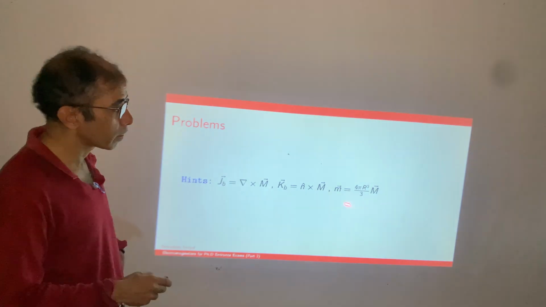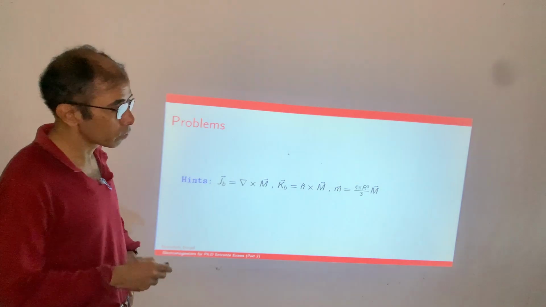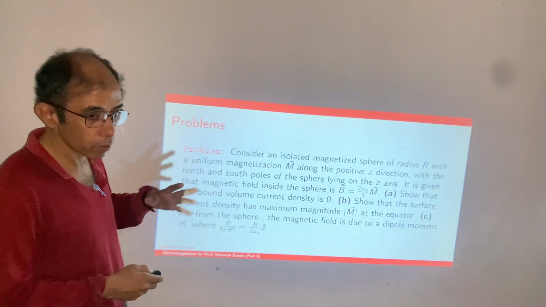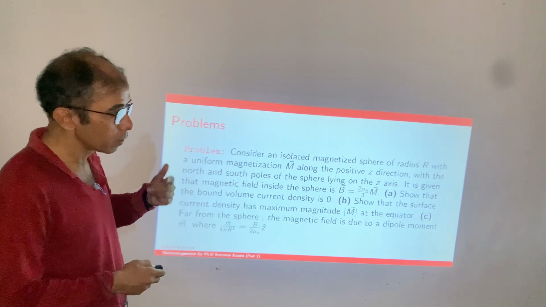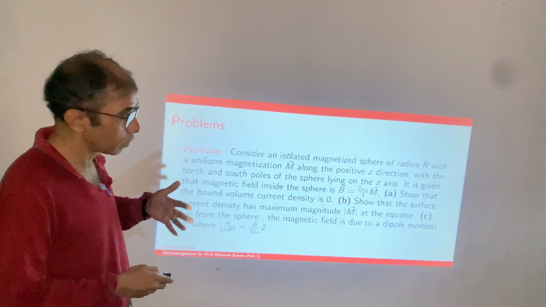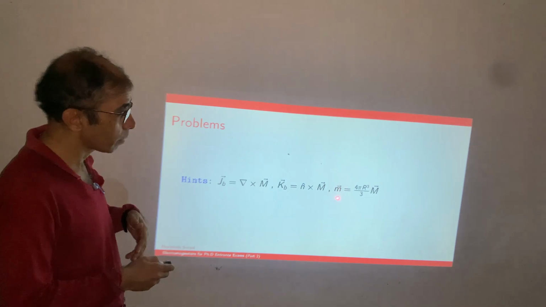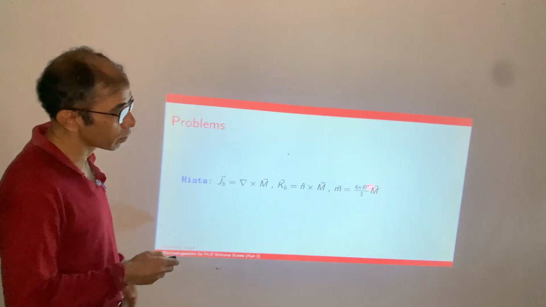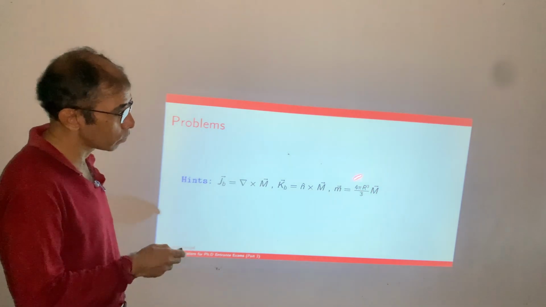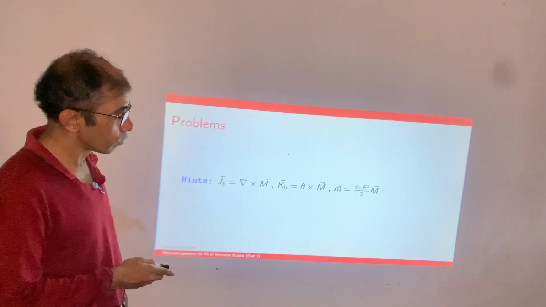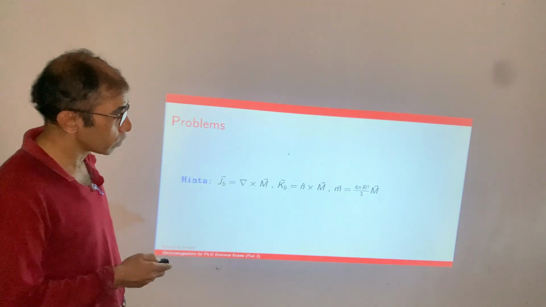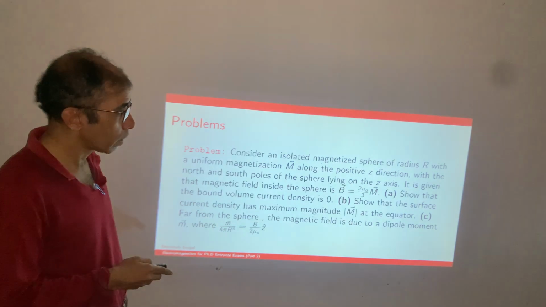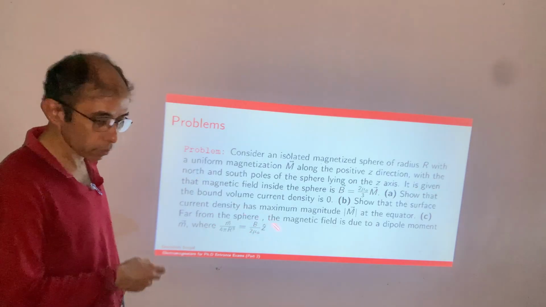You will not see the radius r; you will just see a magnetic dipole having this magnetic moment. So just substitute the value of M from here, and you should get this answer.